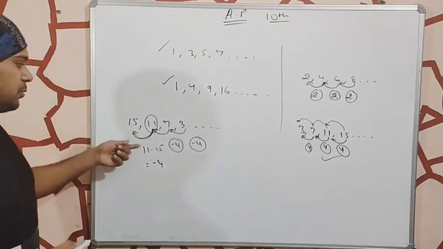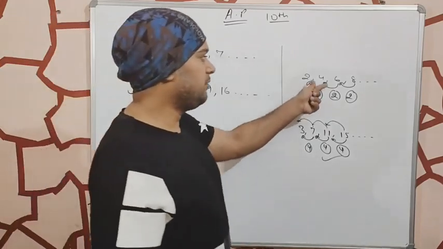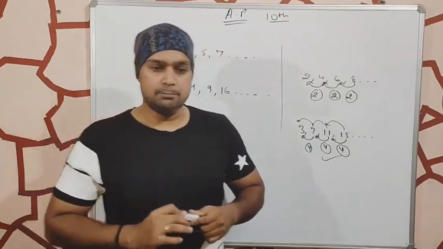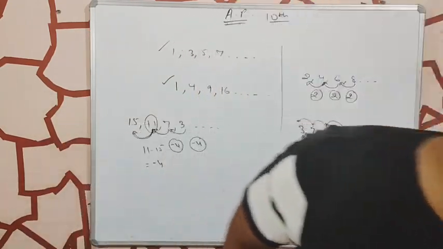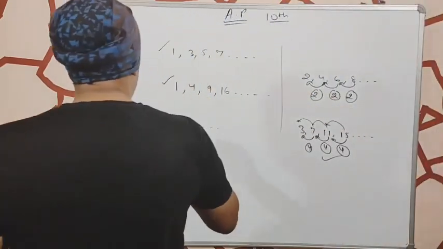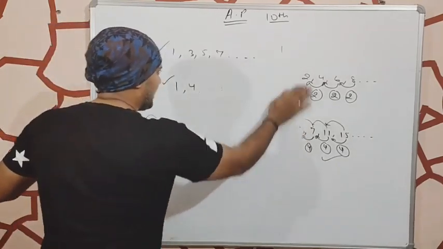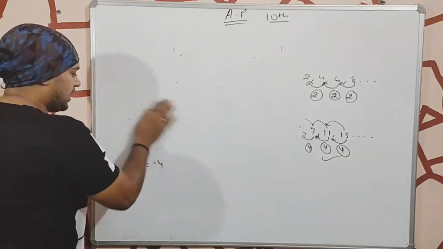So this type of progression where the difference between the consecutive terms remains the same is called an arithmetic progression. So what is the condition required for a sequence to be an arithmetic progression?